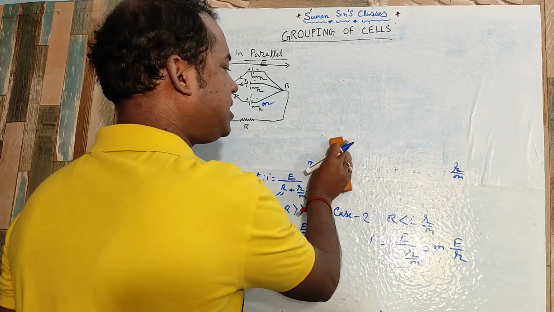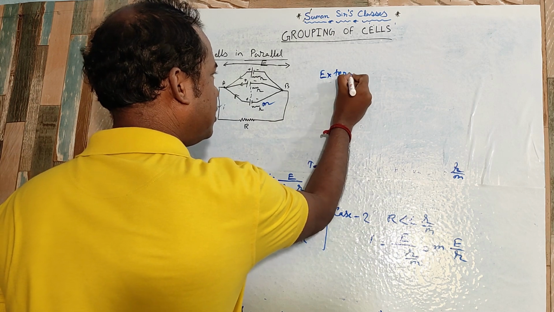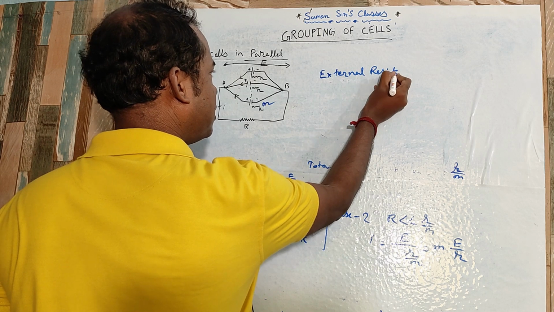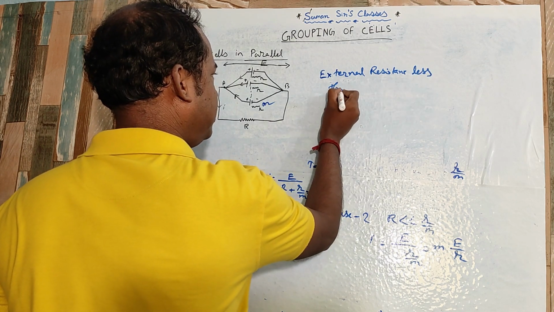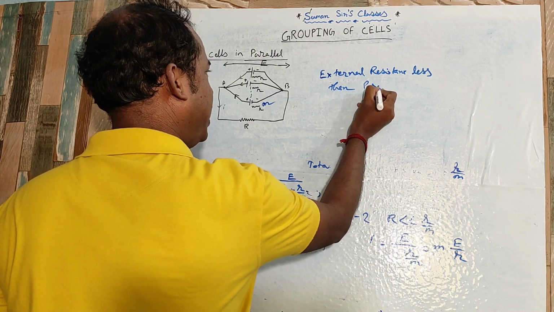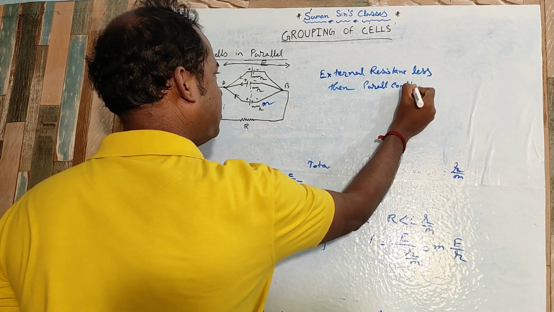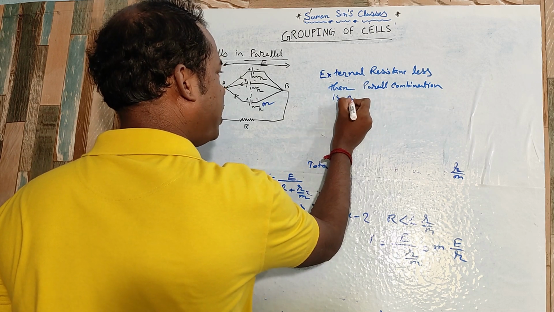you just memorize this part: if external resistance is less, then the parallel combination is more effective.